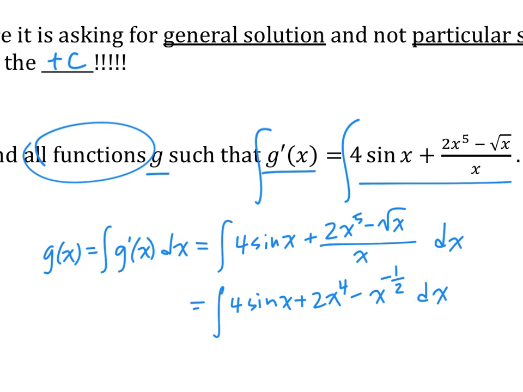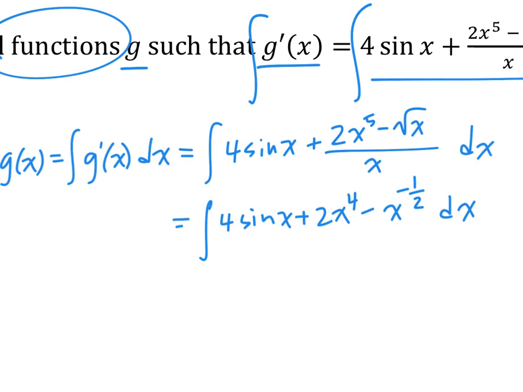Okay, now integrate. What is the integral of 4 sine x? Yes, negative 4 cosine x, plus the integral of 2x to the fourth, which is 2 over 5 x to the fifth.